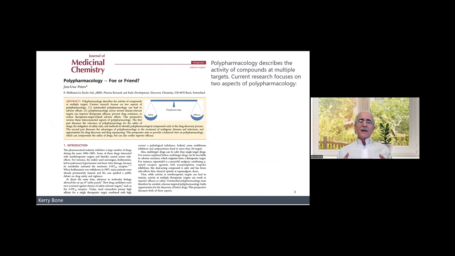One of the other concepts that links in with network pharmacology is this concept of polypharmacology. And that's getting more and more recognized in mainstream drug research as well. Polypharmacology describes the activity of compounds where a particular compound has multiple targets.